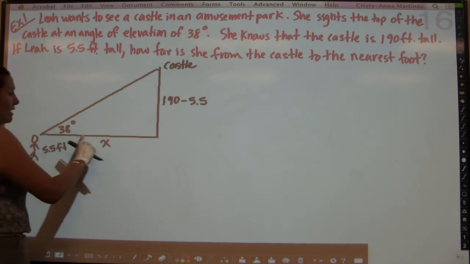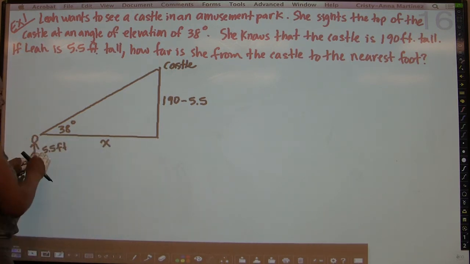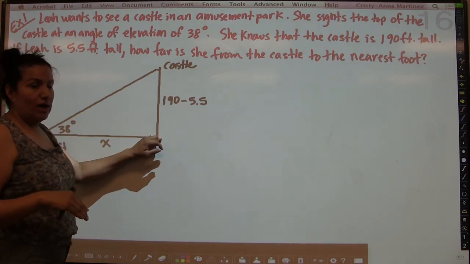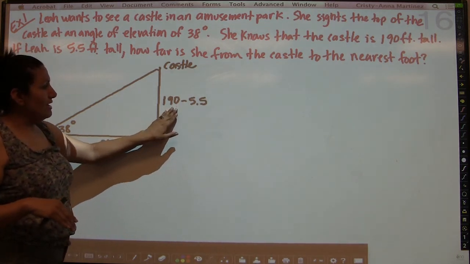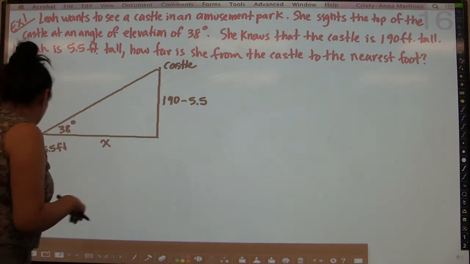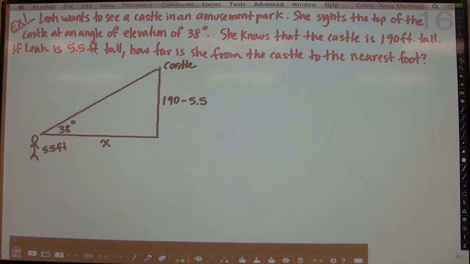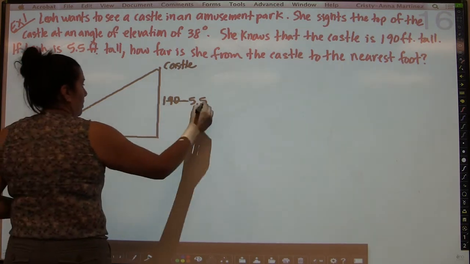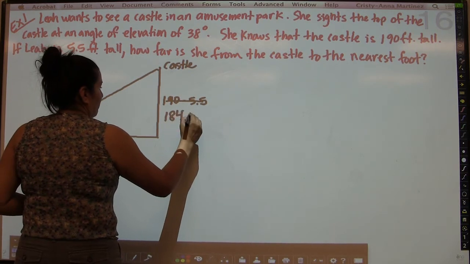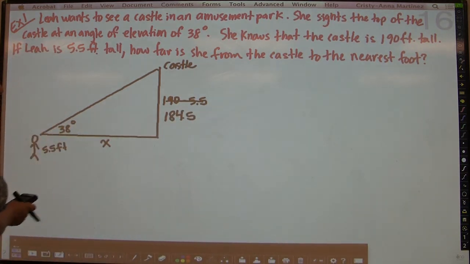So this horizontal line is actually 5.5 feet above the ground, and the castle is on the ground. So we want to take 190 and subtract 5.5 feet from that so that we can have the right number here. And so 190 minus 5.5 is going to give us 184.5 feet.